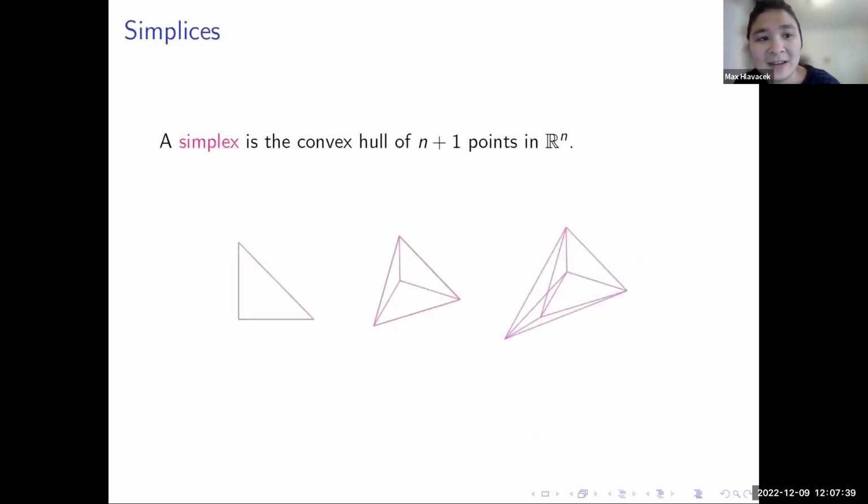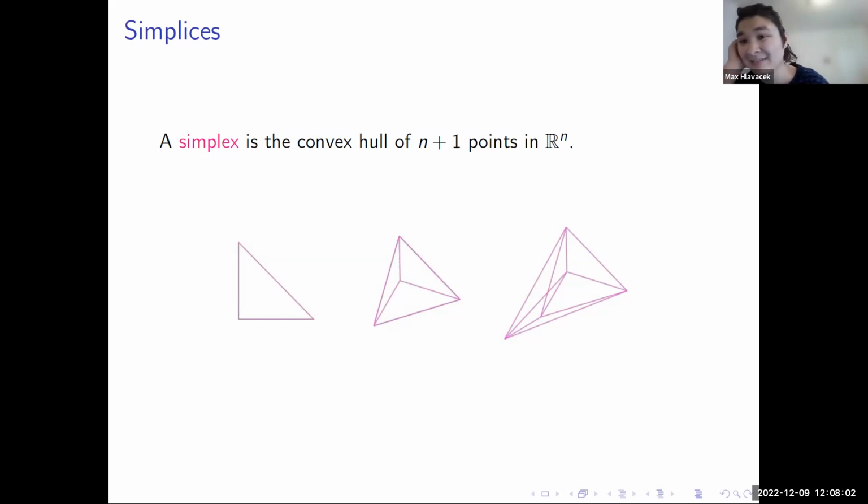One specific type of polytope that we are going to be talking about in this talk is a simplex. A simplex is the convex hull of n plus 1 points in R^n. So if we're in 2 dimensions, we can take 3 points, and if we take the convex hull of that, we have a triangle.